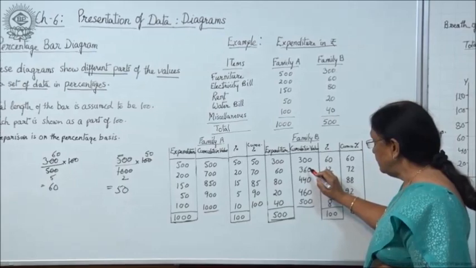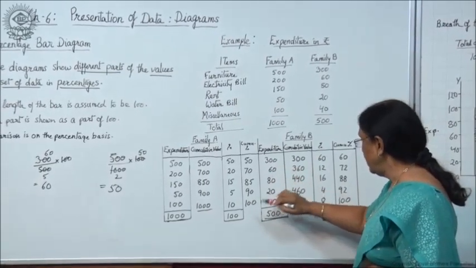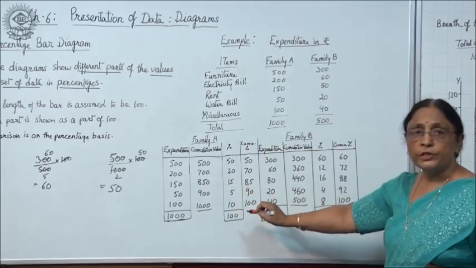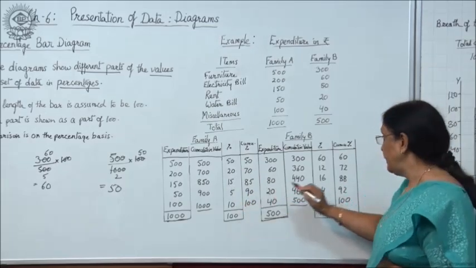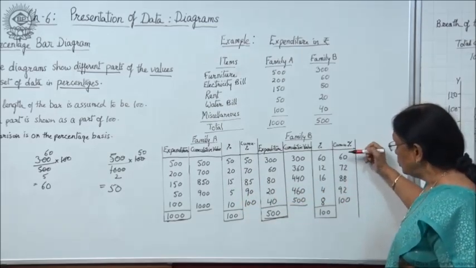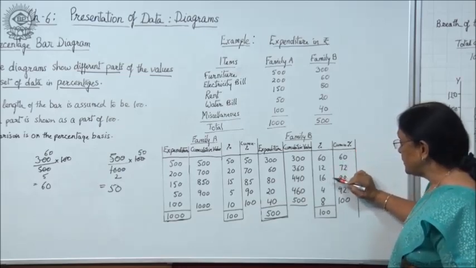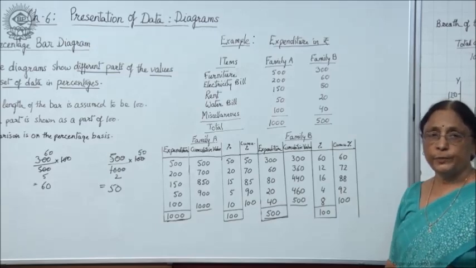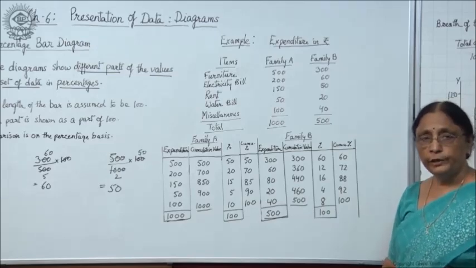Then again we get the percentage as we got the percentage expenditure in the case of family A. Now in the fourth column again we'll add up the percentage expenditure and we get the cumulative percentage expenditure. Got it?